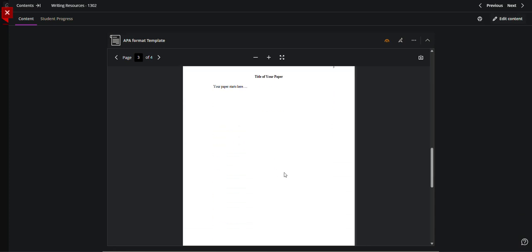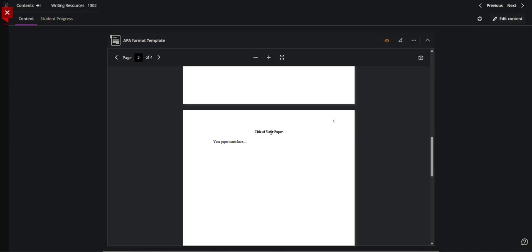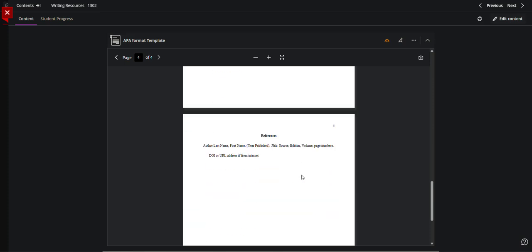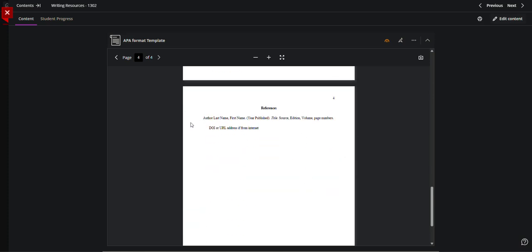And then when you go down, there's the title of your paper. Notice it's bolded. You start your paper here, and this is already indented for you. Then your references page. Again, this is just a basic APA reference. It's the author's last name and actually first initial. So I should probably change that on there.